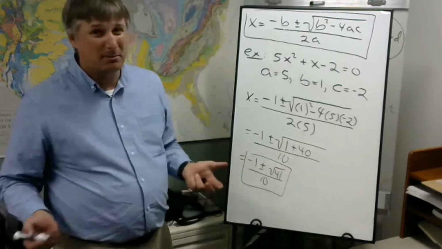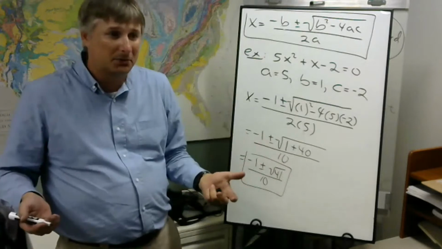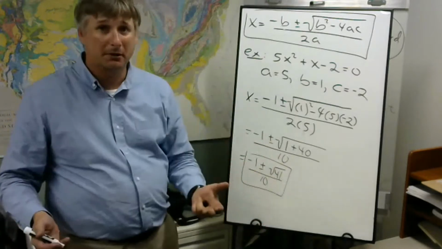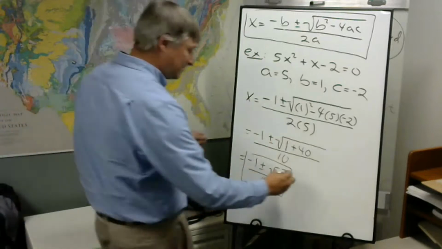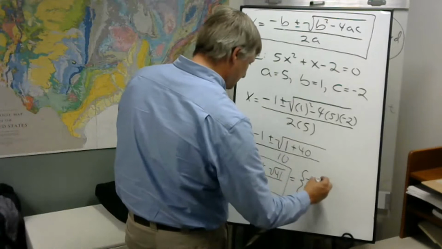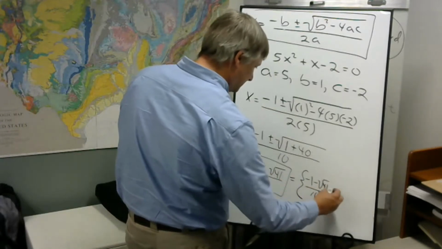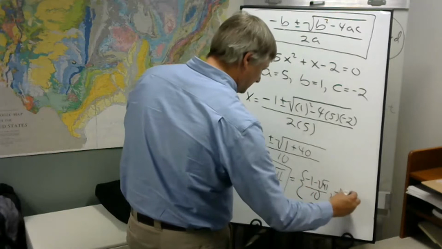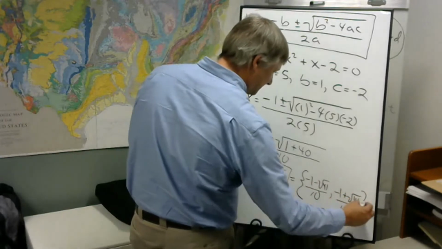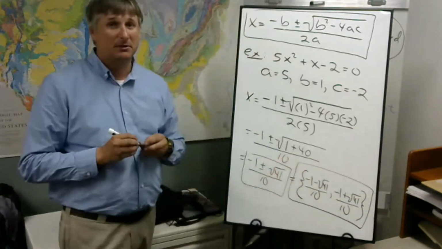And 41 is going to be a prime number, so it's not a perfect square, and it's not a product of any two numbers other than 41 and 1. So this is as far as we can go. So we can rewrite this as a set. -1 minus square root 41 over 10. Or -1 plus square root 41 over 10. And that's going to be it.